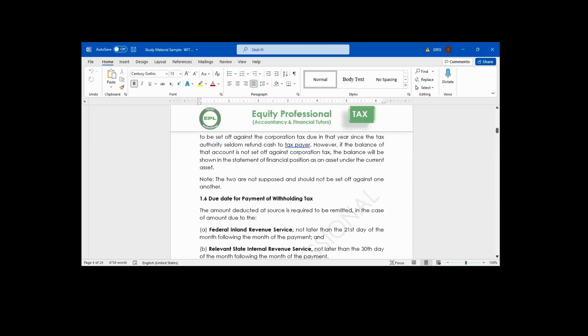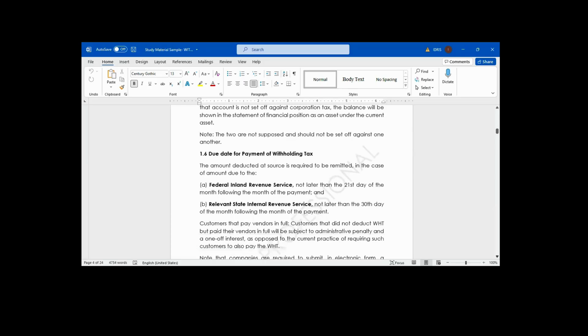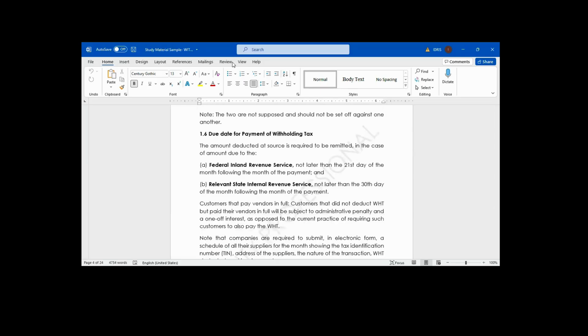Now, what is the due date for payment of withholding tax? If the income is received by a company, the withholding tax must be remitted to FIRS not later than the 21st day of the following month of the transaction, or of payment.